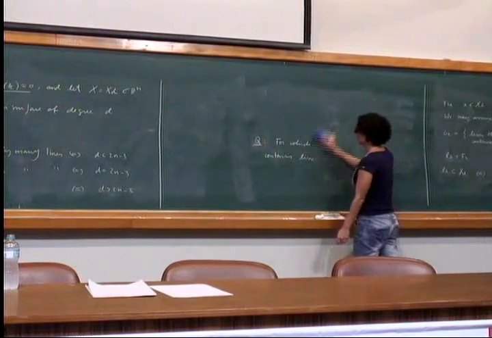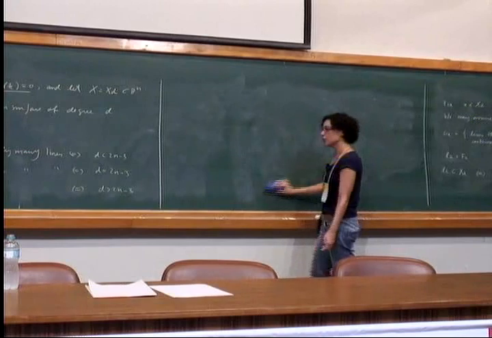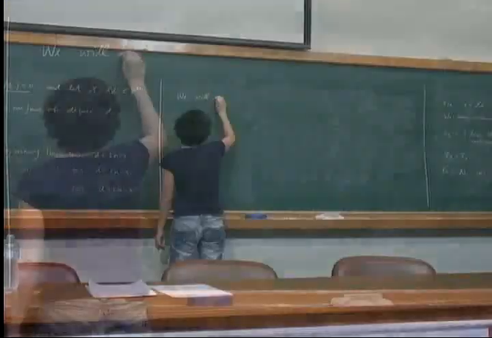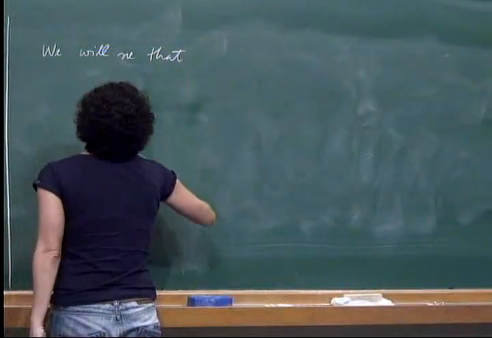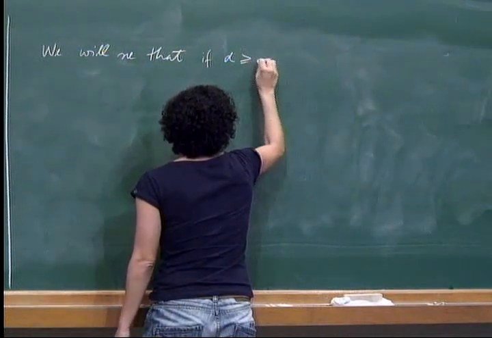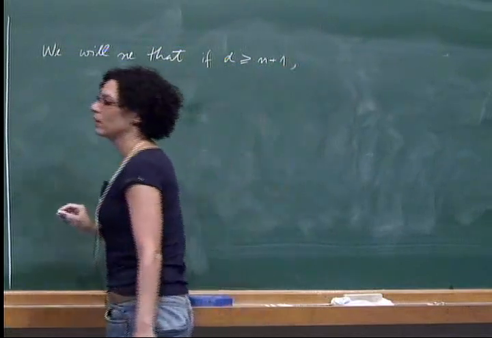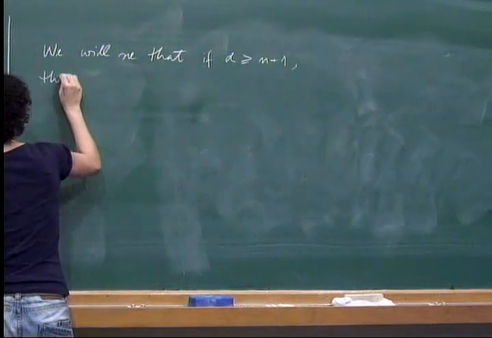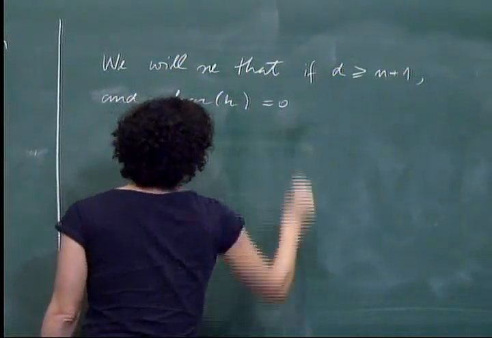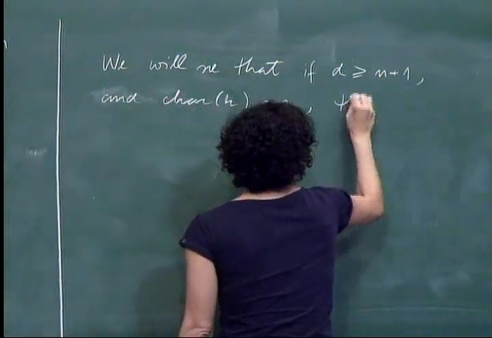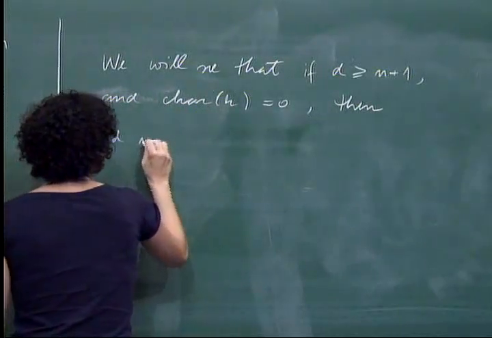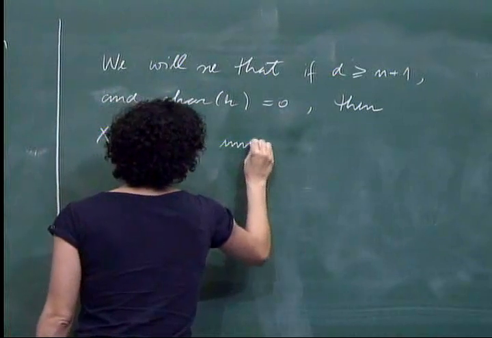So we are seeing that hypersurfaces of low degree are uniruled, but we will see, hopefully today, maybe tomorrow, that if D is greater or equal than n minus 1, and the characteristic of the base field is 0, then X_D is not uniruled.